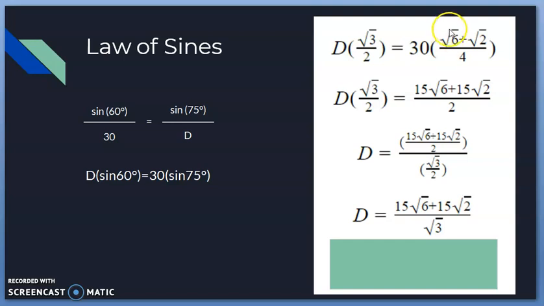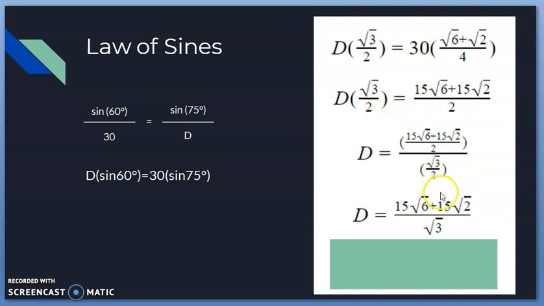So when we do that, we have root 6 plus root 2 over 4, and we're still multiplying that by 30. When we multiply this by 30, we get 15 root 6 plus 15 root 2 over 2, and this is still D times root 3 over 2. To isolate D, because we're finding side length D, we'll divide both sides by root 3 over 2.